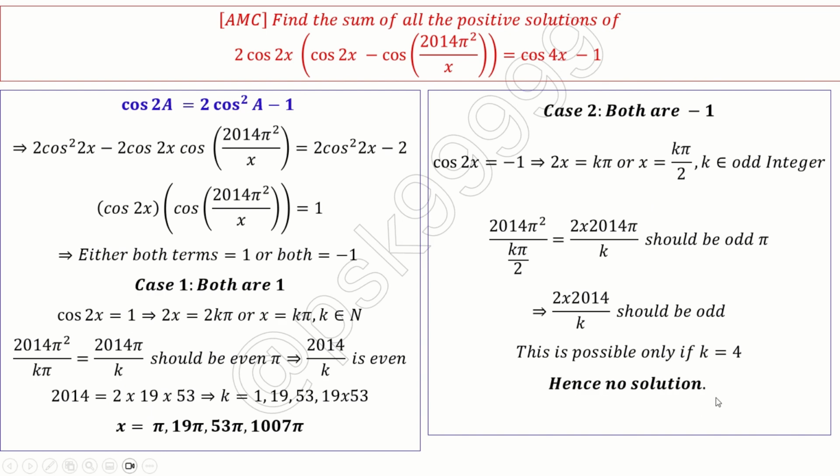That is not possible, because k has to be odd. Only then a solution is possible. So from case 2, we don't get any solution. So the only answer left is the sum of all solutions we have. The sum of all these is 1080 pi. So this is the sum of all solutions.